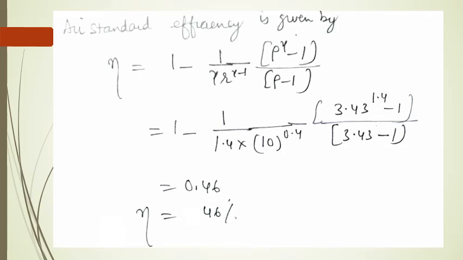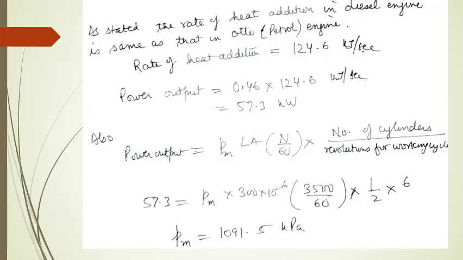Now the air standard efficiency for the diesel cycle can be calculated with the help of the expression shown on the slides. We have put the value of gamma, the value of compression ratio, and the value of cutoff ratio rho, and we get the value of air standard efficiency for the diesel cycle equal to 0.46. Now, as we know that the rate of heat addition in the diesel cycle is the same as that in the Otto cycle, the rate of heat addition is equal to 124.6 kilojoule per second.